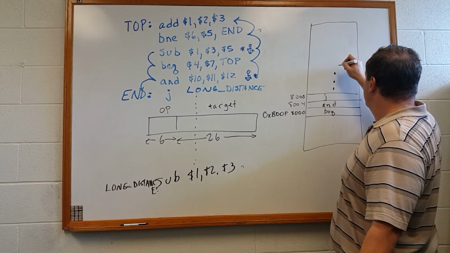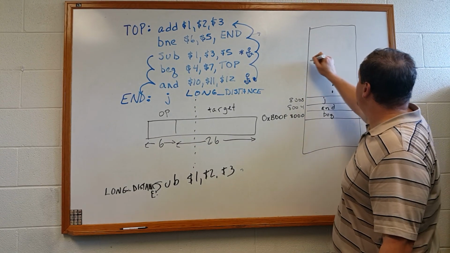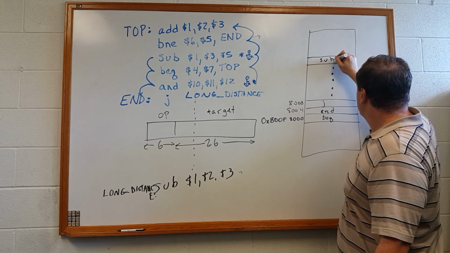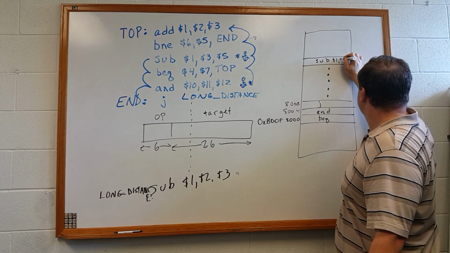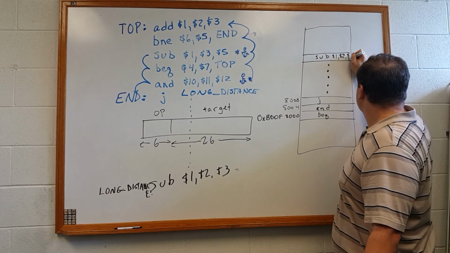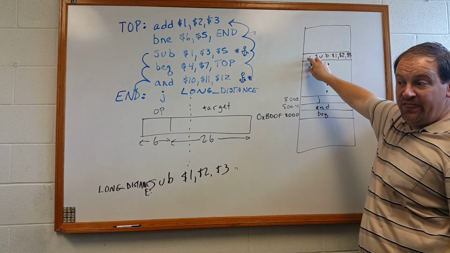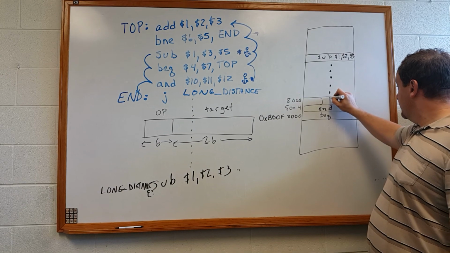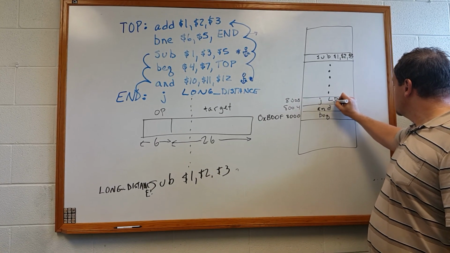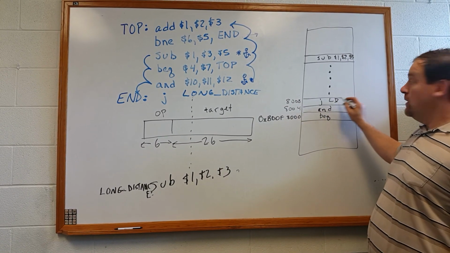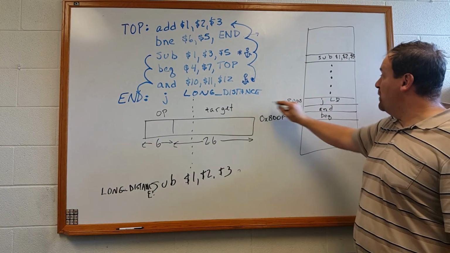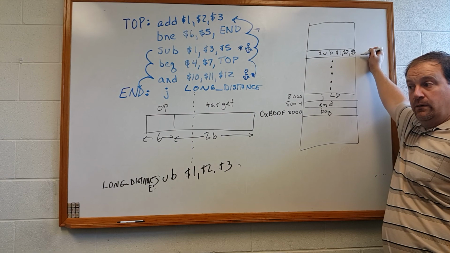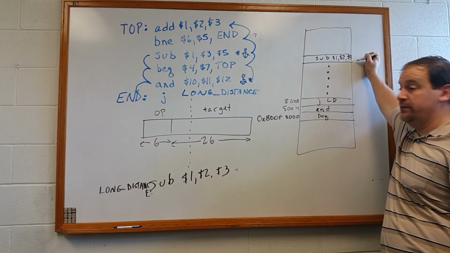So let's say that it is very far away, and the sub 123, which has the label long distance. We want to go from here, jump long distance. We want to go from B00F 8008 all the way up to here. Well, I have to tell you where that is.